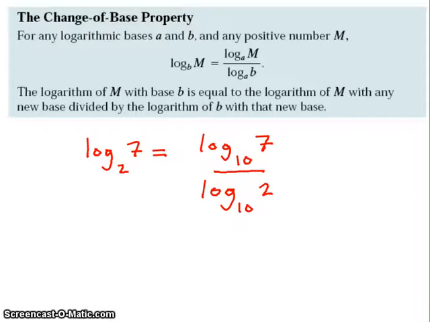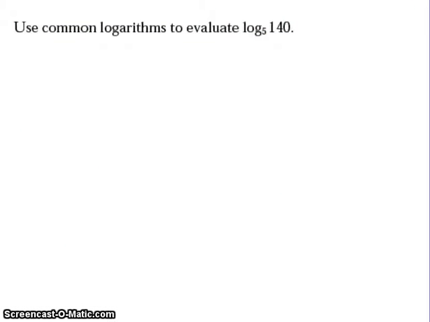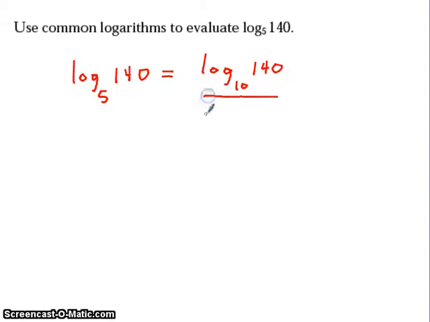So let's look at this one here. How might I use log to figure this one out here? We have our change base rule, right? And so we would say that we could write log base 5 of 140. That's equal to log base, let's use a 10 again, log base 10 of 140 divided by log base 10 of 5. And so let's use our calculator again and make sure that what we found here is actually right.